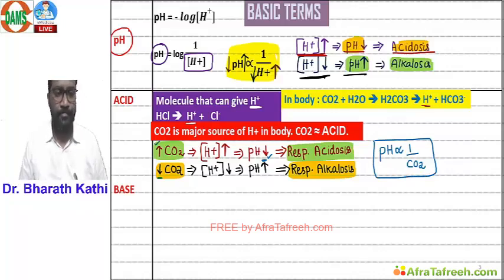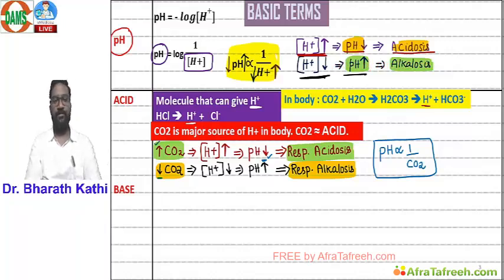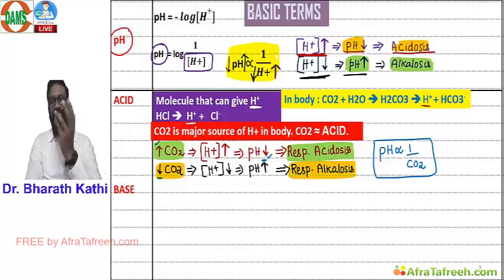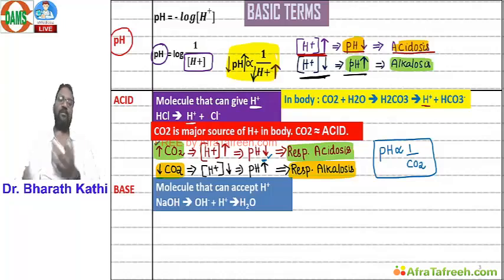Then coming to what is meant by base. You must be knowing acid and base are mutually opposite phenomena. Acid is something which gives H plus. What is the opposite of giving? It is taking. Base is something which takes up H plus, accepts H plus.